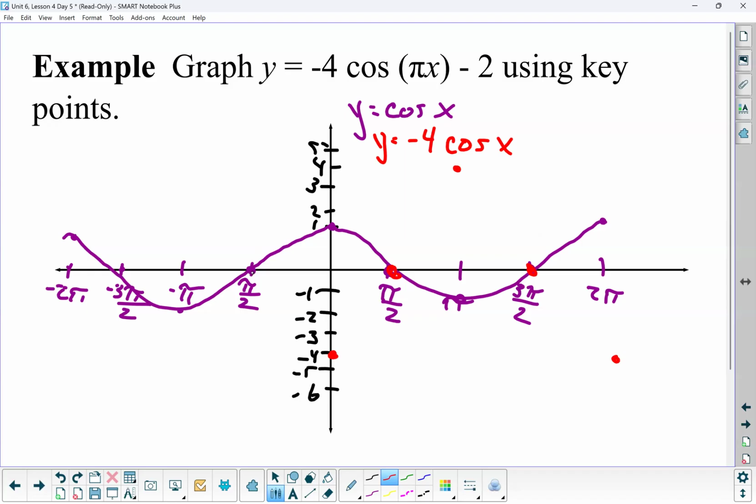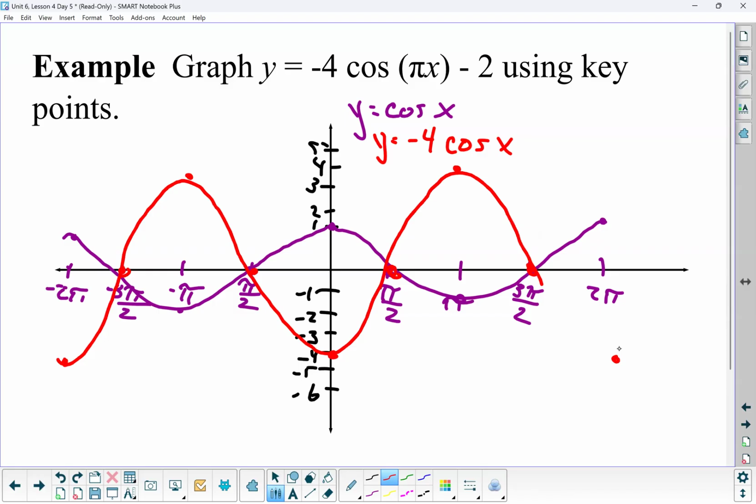And on the other side, that would be 0, positive 4, 0, negative 4. So it would look something like that. And actually, I am going to change these to dashed lines.